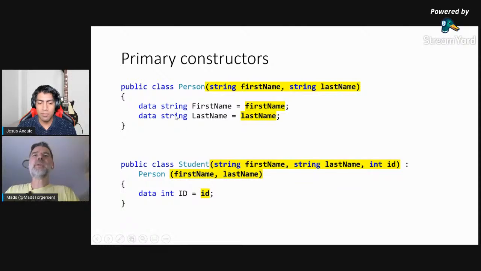You saw the primary constructors on records. And we think that primary constructors could be a great feature for all classes and structs, but in a more limited version.